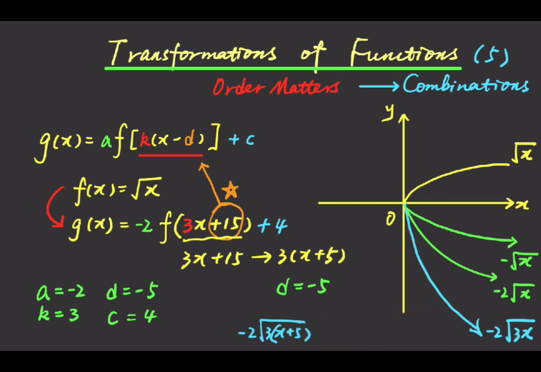Okay, then we move this function to the left side. Then we can figure out it should be -2, square root of (x over 3 plus 5).